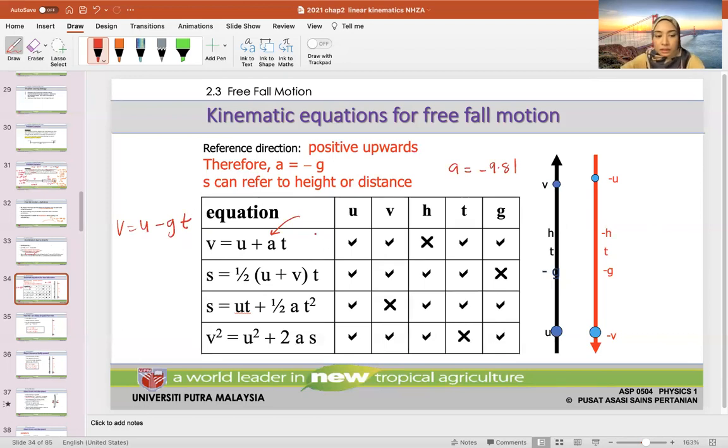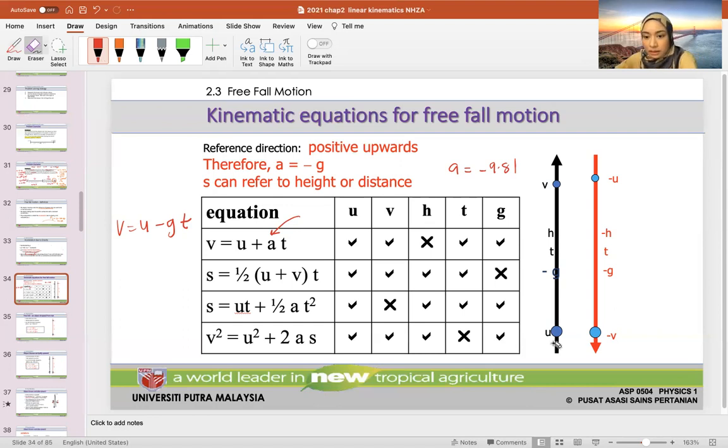You are going to use acceleration as minus g or minus 9.81 for free fall motion. Okay, nanti kita akan tengok how do we use it.